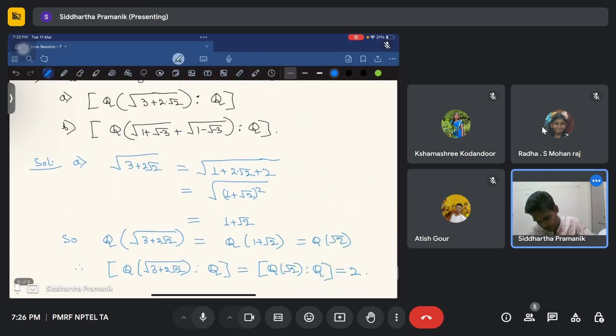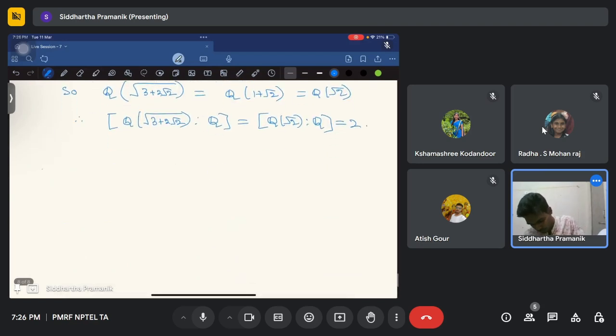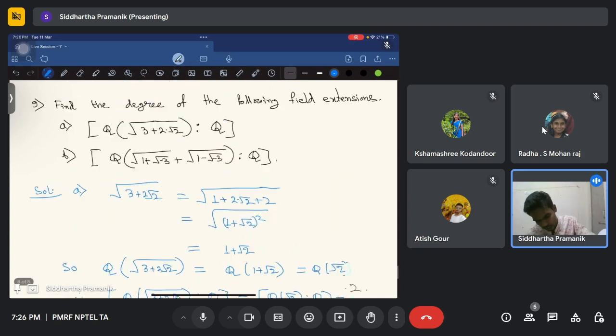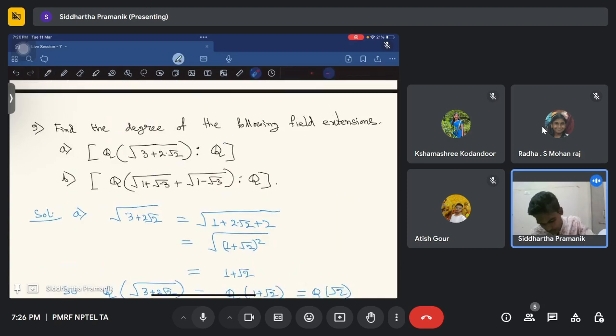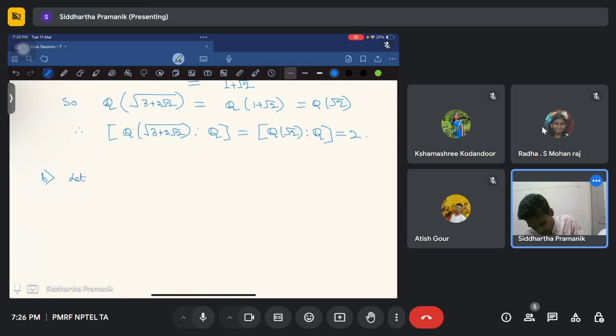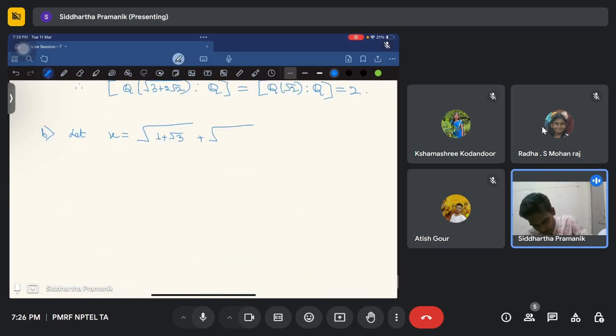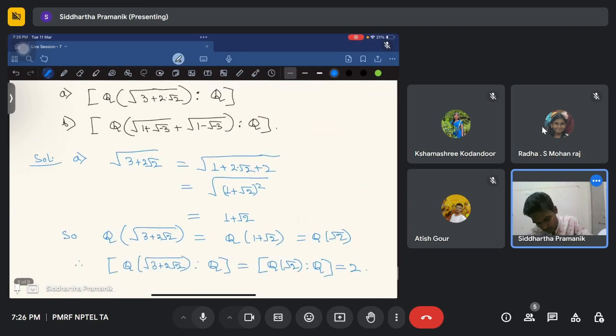Let's do the second one. In the second problem, we need to find the degree of this element over Q. Let x equal square root of 1 plus square root of minus 3 plus square root of 1 minus square root of minus 3.